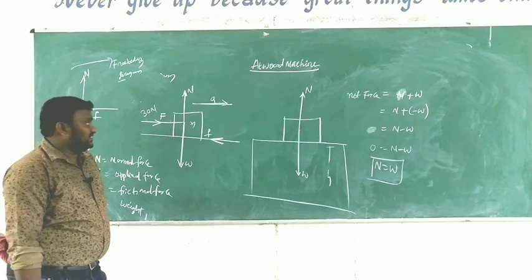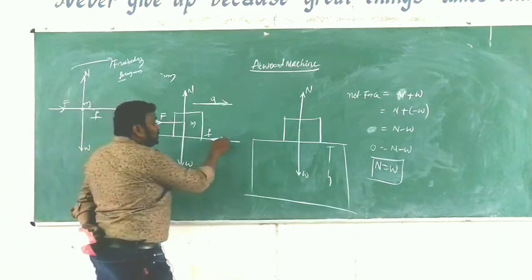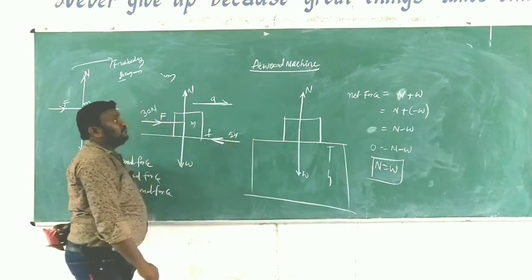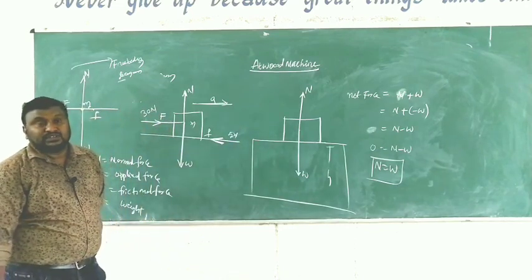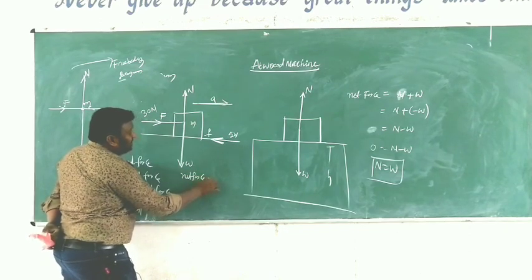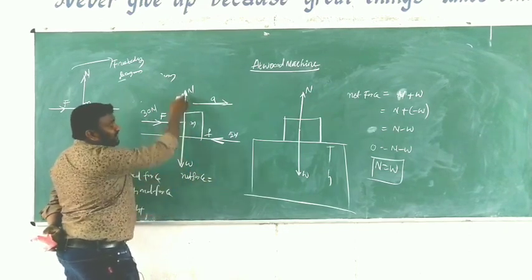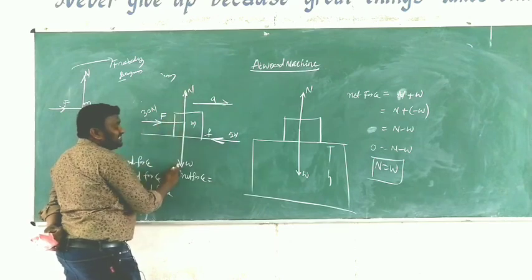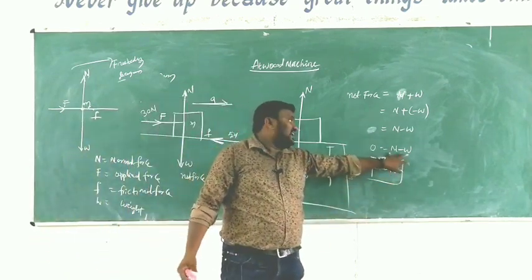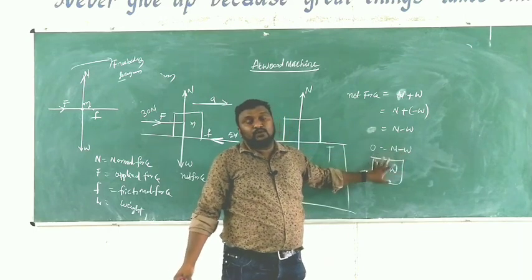Now the frictional force I am taking is 5 newtons. Then we can write the net force. In the vertical direction there is no force, because in the vertical direction N minus W is 0.